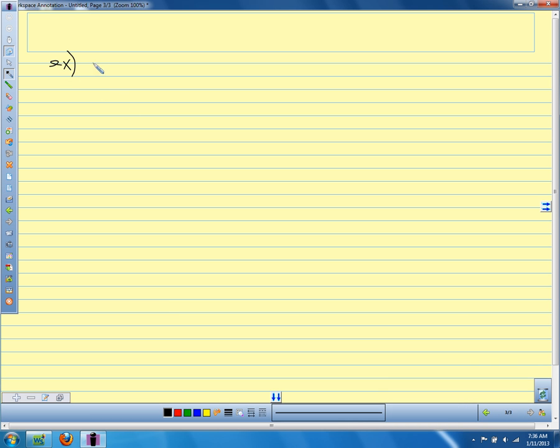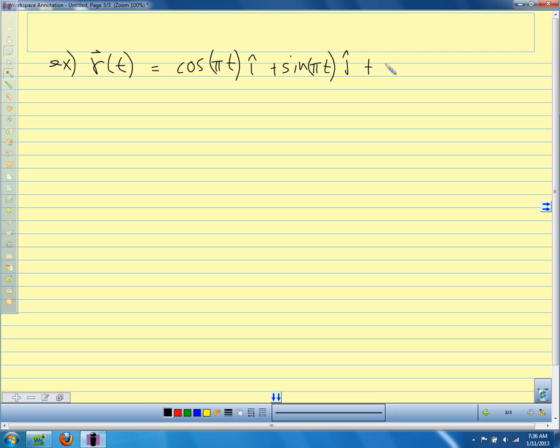So we have r of t. Our vector valued function is cosine pi t i plus sine pi t j plus t squared k. And we're going to say that t0, some particular time, is negative 1/4.